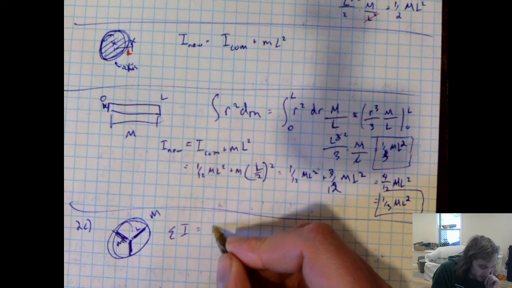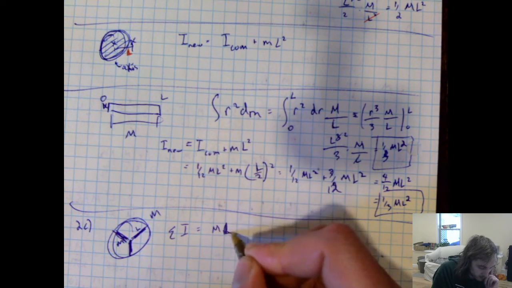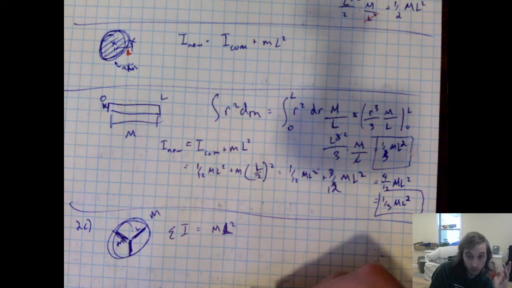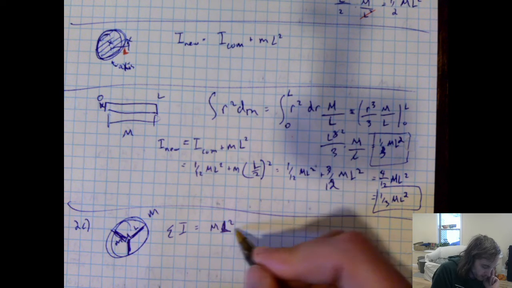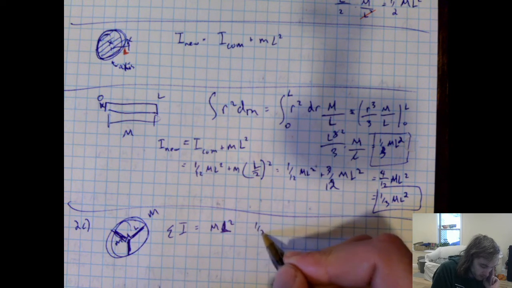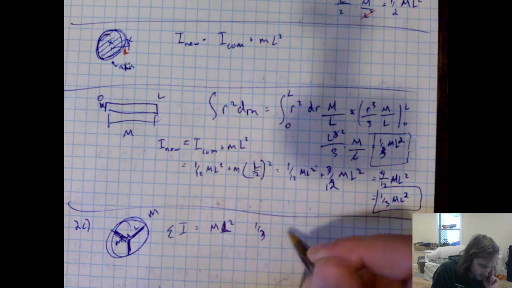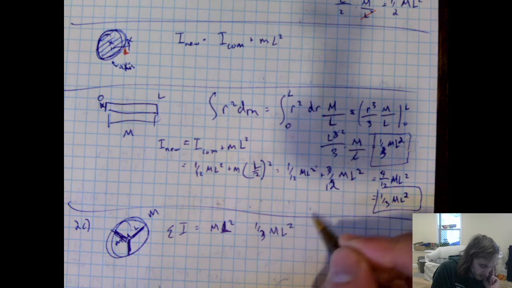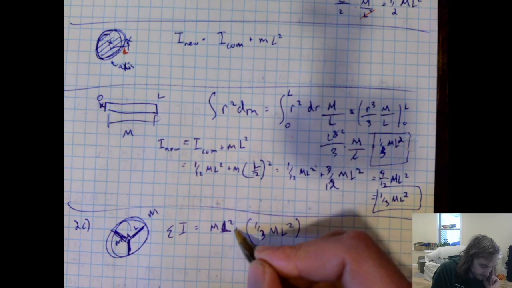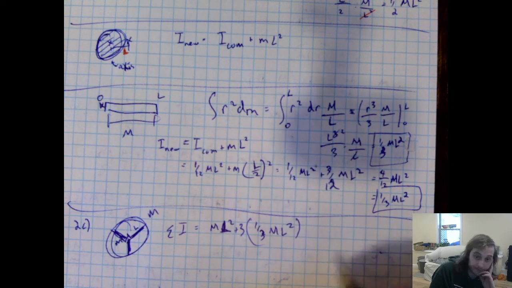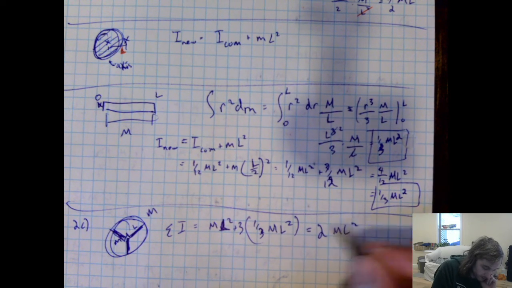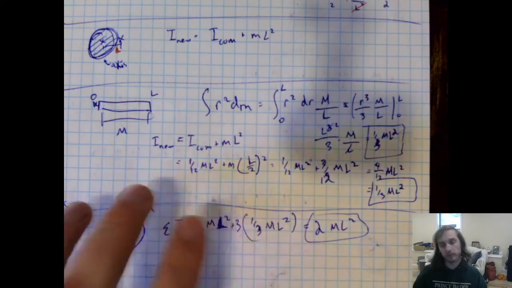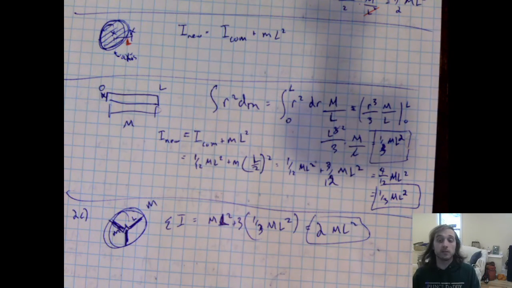The hoop is going to be ml squared, because that's the formula for a hoop. The rods around the end of the rod are going to be equal to 1/3 ml squared. But there's 3 of them, so we just multiply it by 3. And that'll get us a total of 2 ml squared. And that's our total moment of inertia. So once you know the individual moments of inertia, you can just add them up and you're good to go.